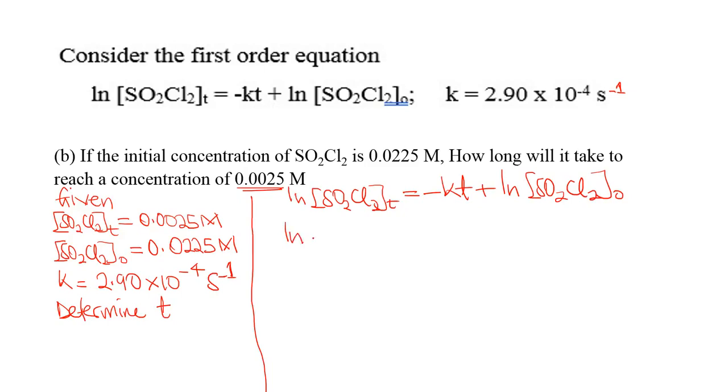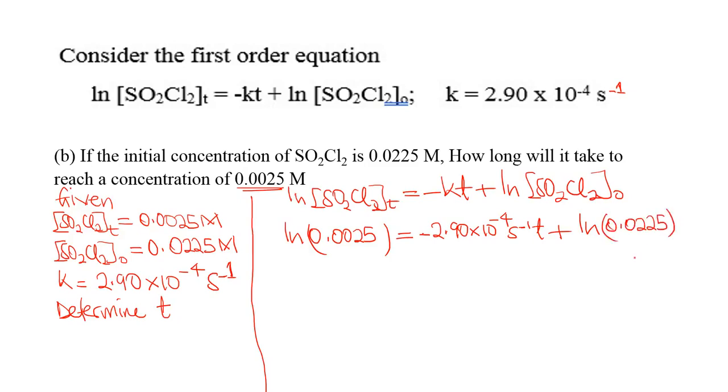So here, natural log of 0.0025, since SO2Cl2 at t is 0.0025 molar, is equal to minus 2.90 times 10 to the power negative 4 s minus 1 times t plus natural log of 0.0225. That is the initial concentration.